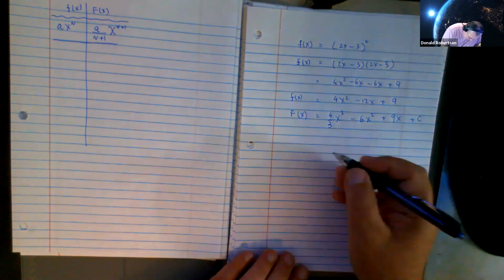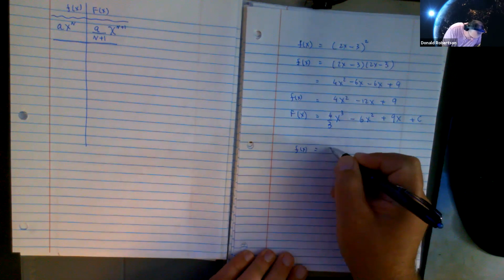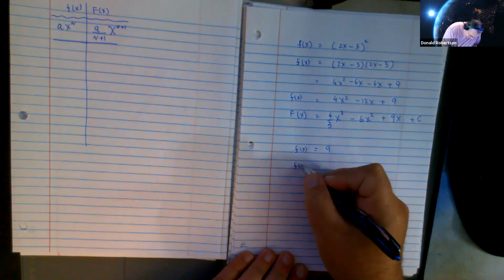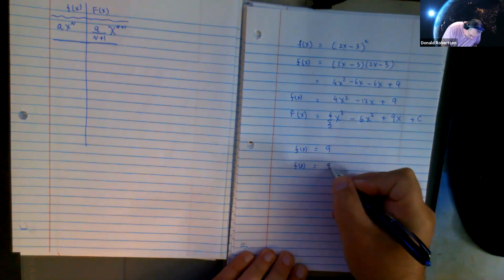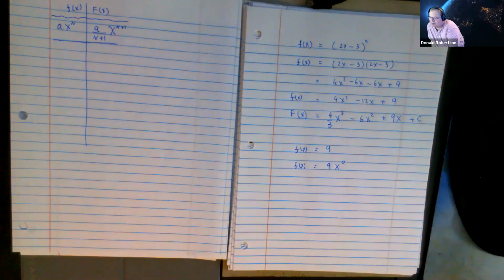Let's try and prove to you that the antiderivative of 9 is 9x. I'm going to prove it by showing you that you can use the power rule on it. Isn't x to the power of 0 the number 1? Right?